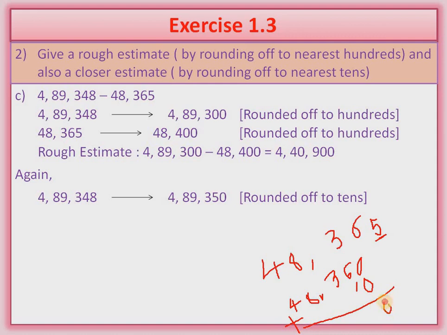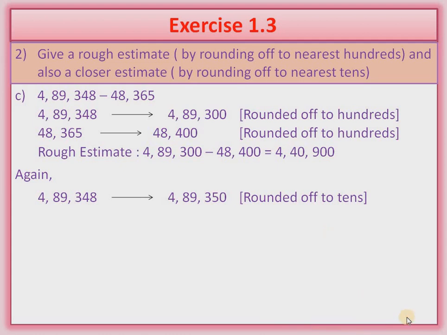And we will add it. The 0, 7, 3 and 48. Understood beta? So answer is 48,370.